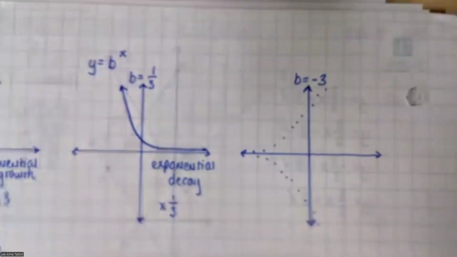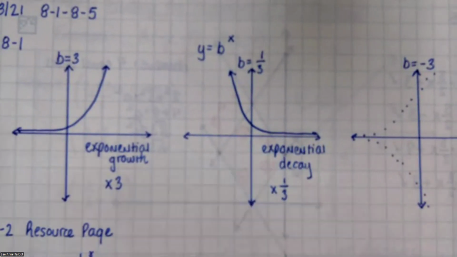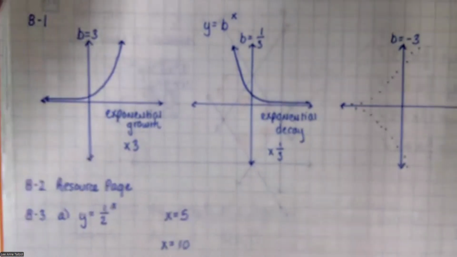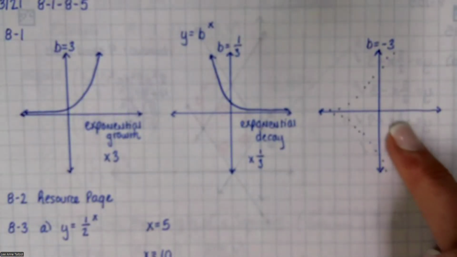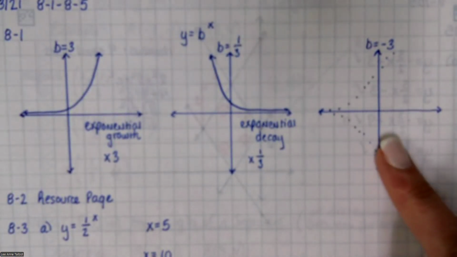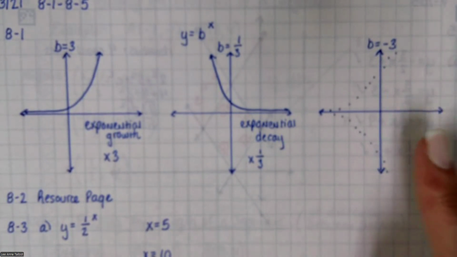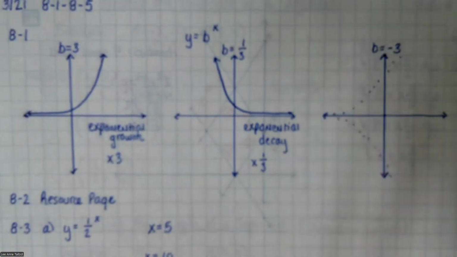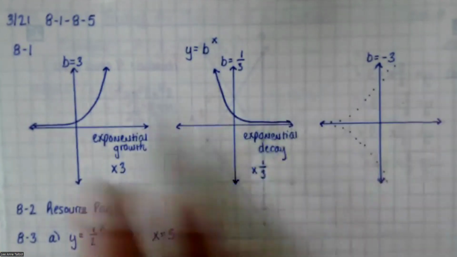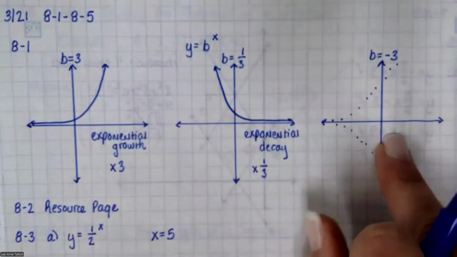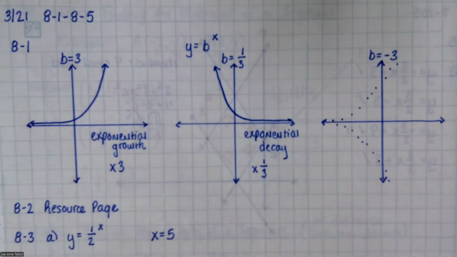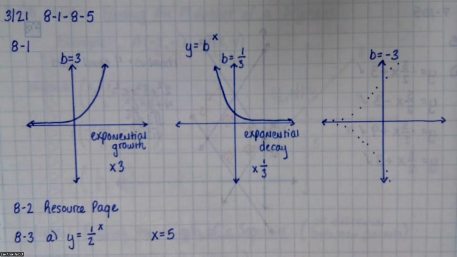Okay, and you see how weird this is. So the whole point of this is for me to tell you that we will not be studying this. This is not math 1 level math right here. This is so weird. I couldn't even get Desmos to do it right. So we will be studying these two, but definitely not this one.